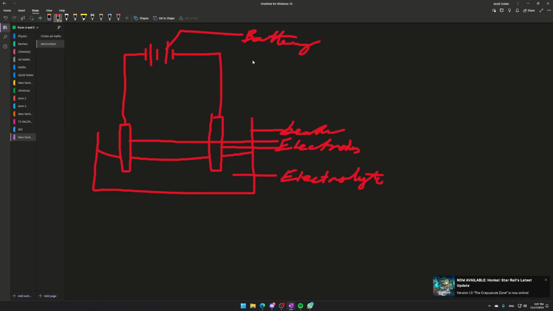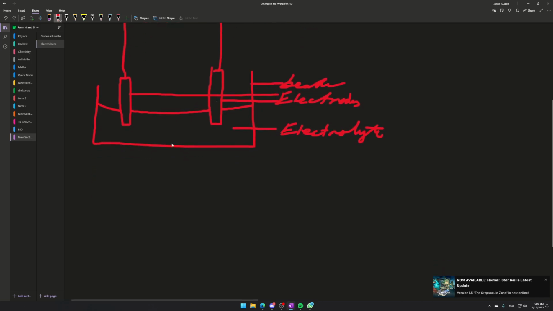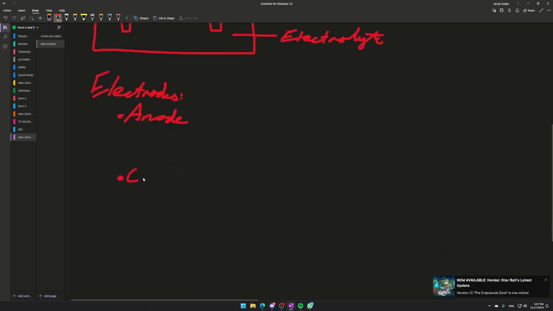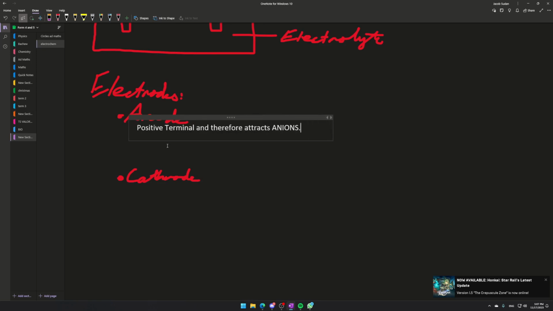Now, there are 2 types of electrodes: the anode and the cathode. Now, the anode and cathode are somewhat weird. The anode is the positive terminal and therefore attracts anions, which are the negatively charged ions.